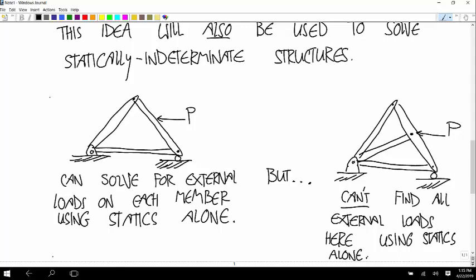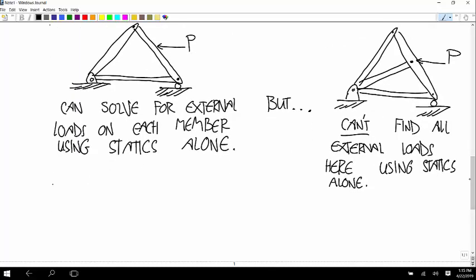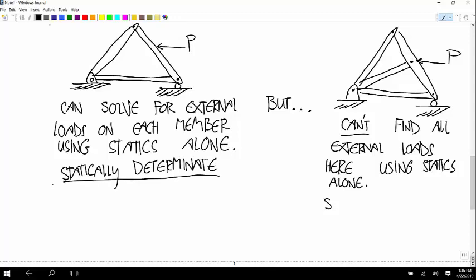You can't use statics to solve for redundant restrictions like that. So this is called statically determinate. This one is called statically indeterminate.